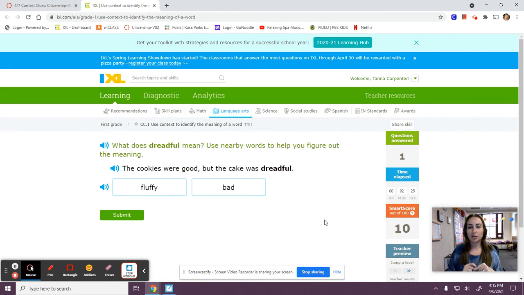The cake was opposite of the cookies. The cake was dreadful, the cookies were good. So I must be looking for the opposite of good. What's the opposite of good? Fluffy or bad? Definitely bad. So dreadful must mean bad.